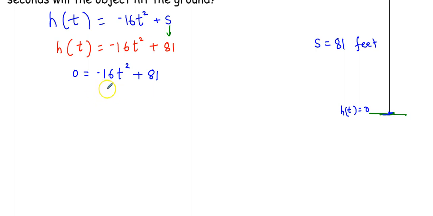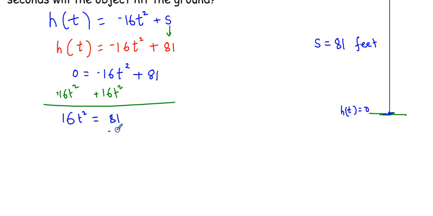Now we have negative 16t square plus 81, and on the left hand side I have 0. So what is the best thing? I think I will add 16t square on both sides. Adding 16t square gives me 16t square is equal to 81.